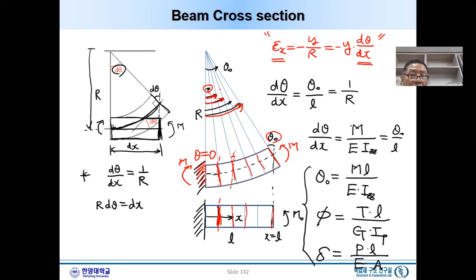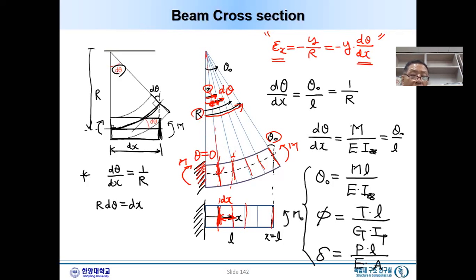Okay, this is d theta. d theta is over the dx. Let's say this is the dx, and this is the d theta. d theta times r, where r is the constant from here to there, which is the neutral axis.